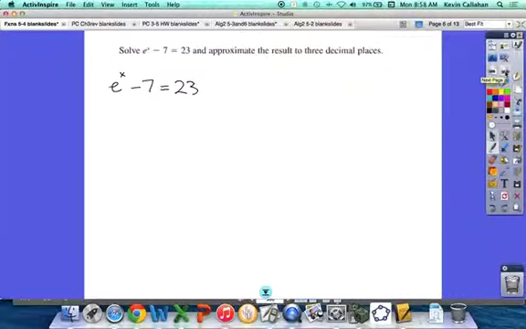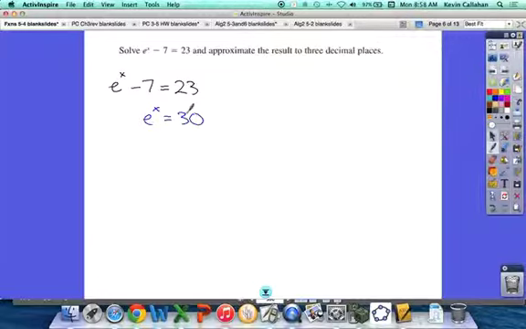Okay, what do we need to do to isolate this exponential? Add 7 to both sides. E to the x equals 30. Okay, that was the first step. Second step is take a log of both sides, right? Which log?